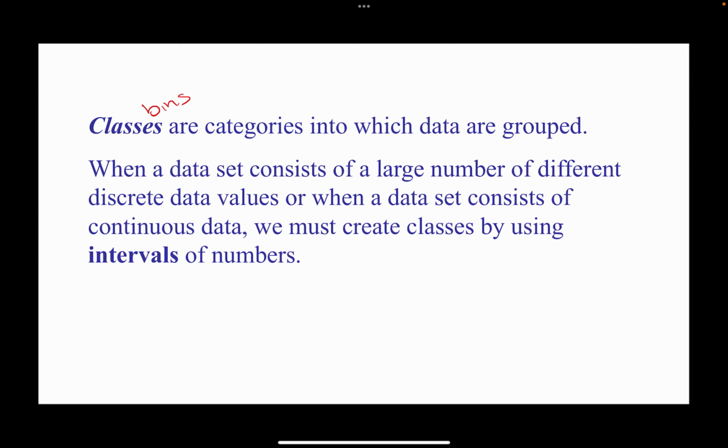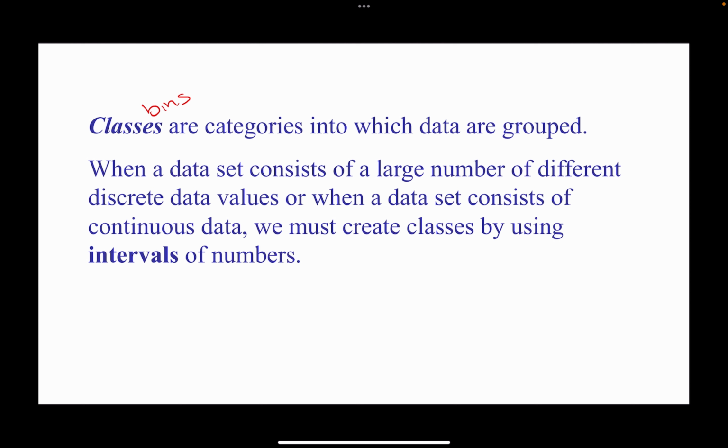So let's say we're talking about the number of M&Ms in bags. That is still discrete, but you're not going to want to have 40 different bars. You are going to want a range. You'll say how many bags had 5 to 9 M&Ms, how many had 10 to 14.